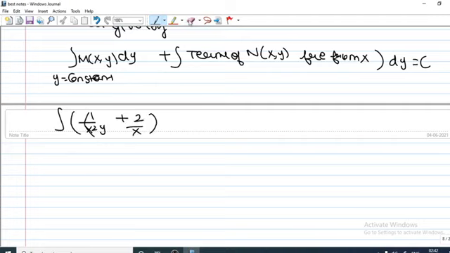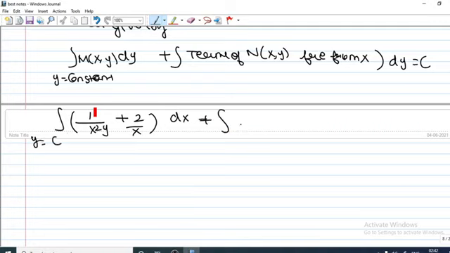So 1 upon what it is, x square y, and it is dx, and remember y is constant.